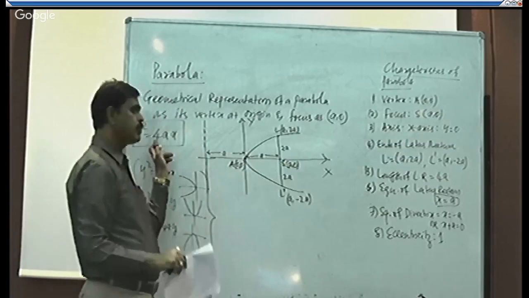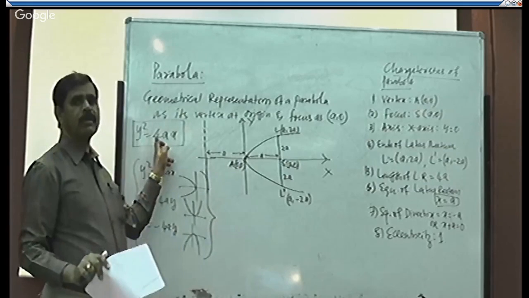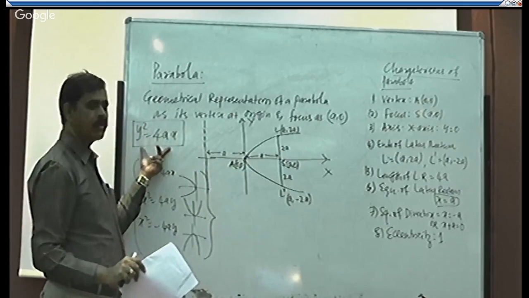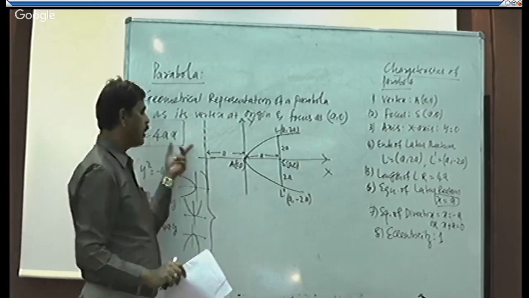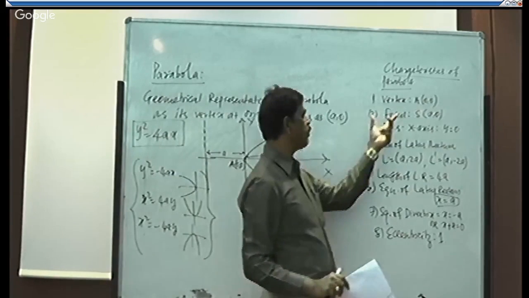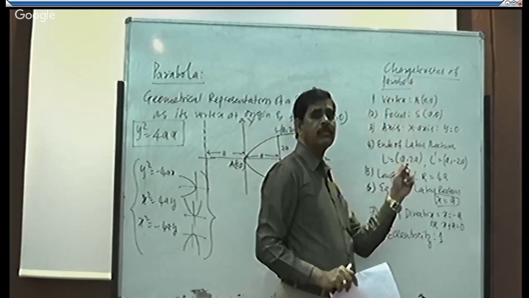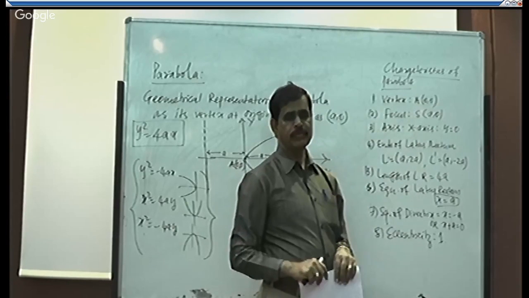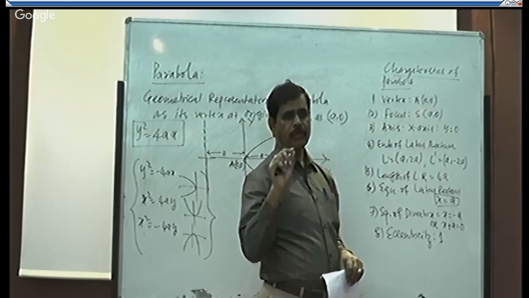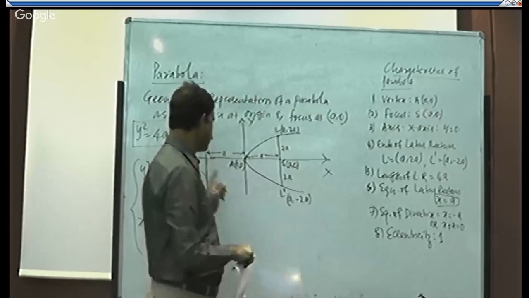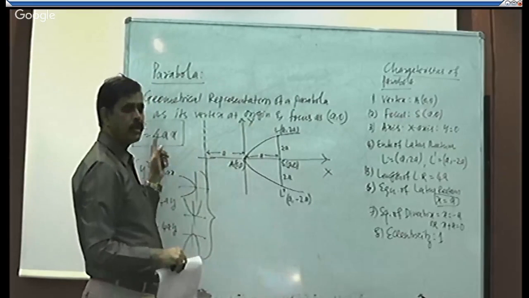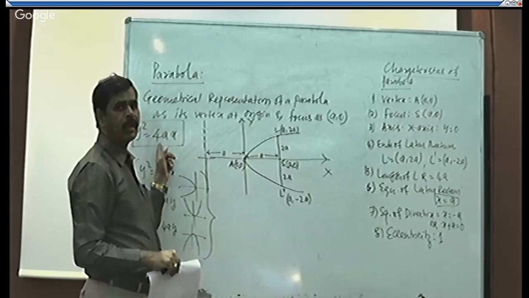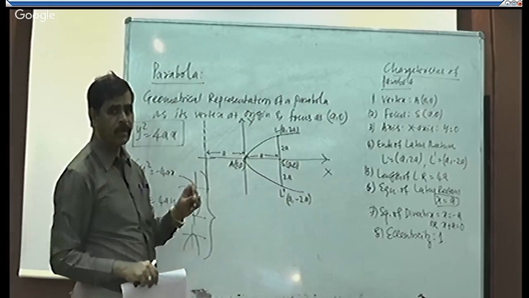Derivation of the equation of parabola is not required. Just have the equation of parabola and the characteristics of parabola. Based on this, we have to work out simple problems. The problems of what type? We need to substitute the given values directly to form the equation of parabola.